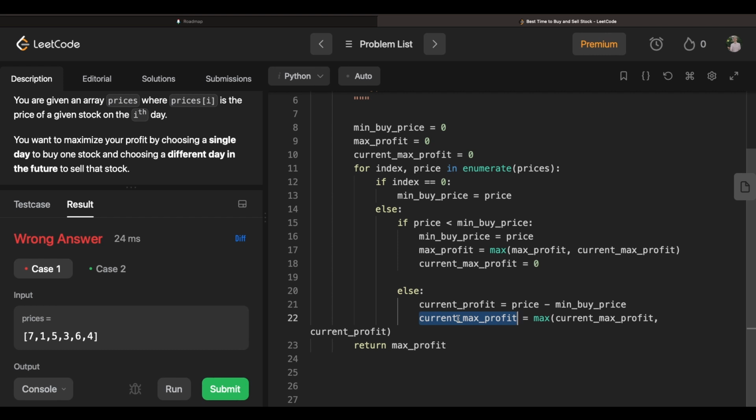Then we loop again. It's 3. We calculate 3 minus 1, which is 2, so it's the max of 4 and 2, so it should stay 4. The next one should set it to 5, this one should set it to 4. Ah, I see.